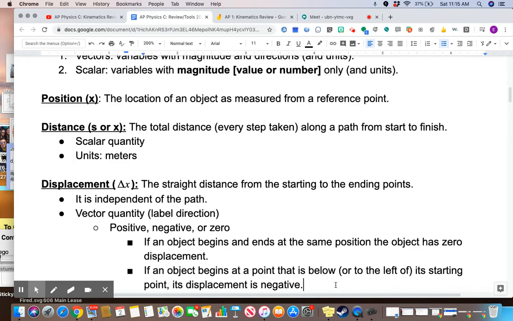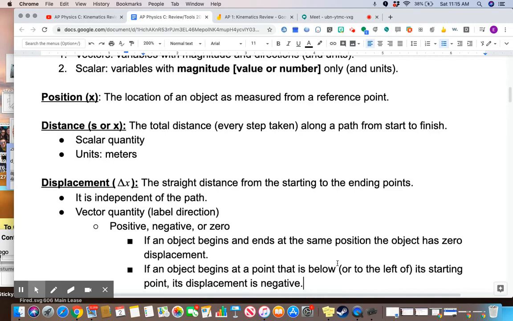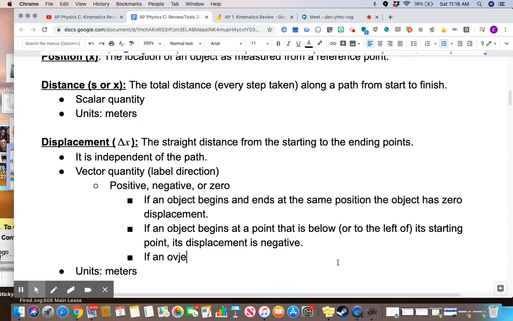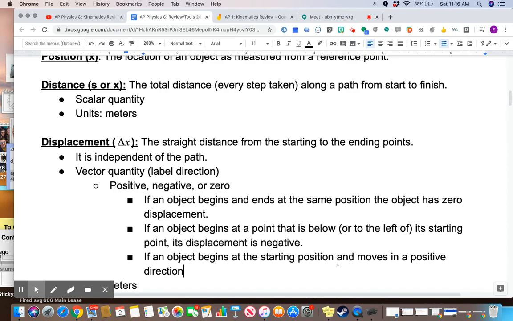Okay, and a positive displacement would be when the object moves away from the starting point or reference position in a positive direction. I'm going to add that. So if an object begins at the starting position and moves in a positive direction, the displacement is positive.